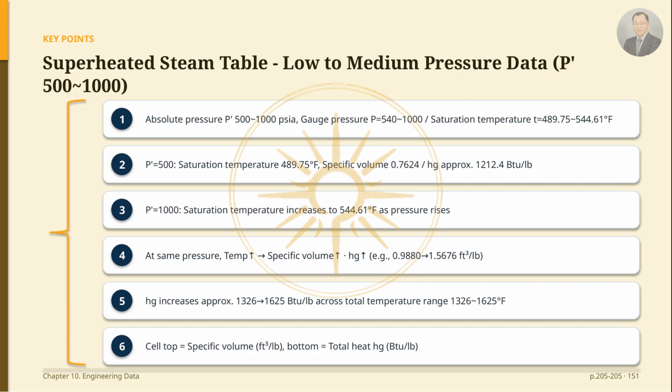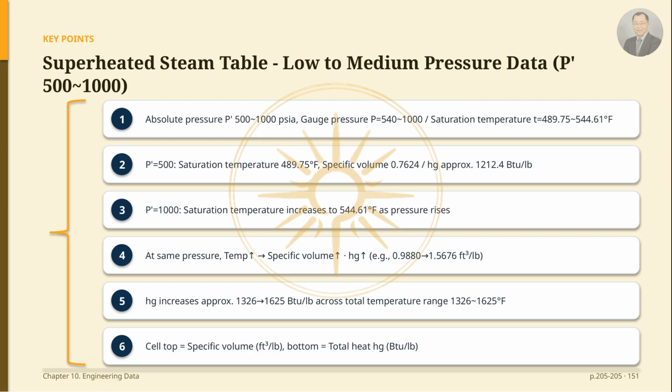The specific volume grows from 0.9880 to 1.5676 cubic feet, and the total heat increases from about 1,326 BTU to around 1,625 BTU as the total temperature goes from 1,326 to 1,625 degrees Fahrenheit.